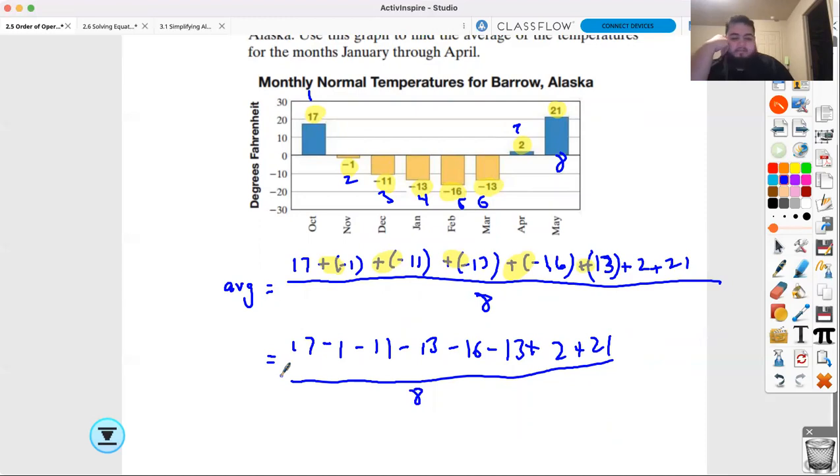Is it 14? Did someone else subtract them? I'm using my calculator just to be safe. 17 minus 1 minus 11 minus 13 minus 16 minus 13 plus 2 plus 21 is -14. Yeah, so it'll be -14 over 8, divided by 8, which is -1.75.